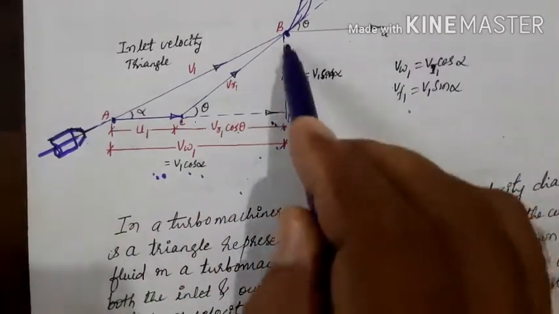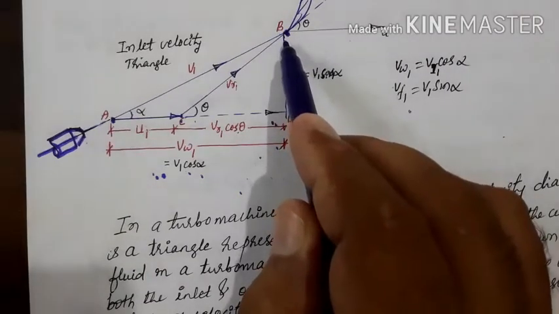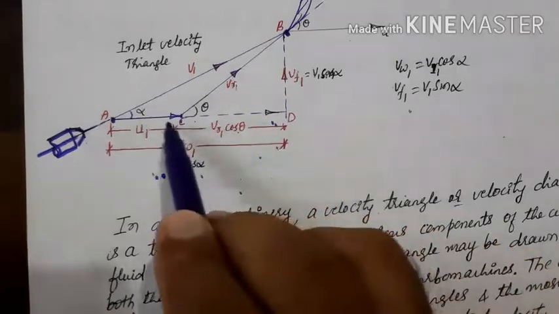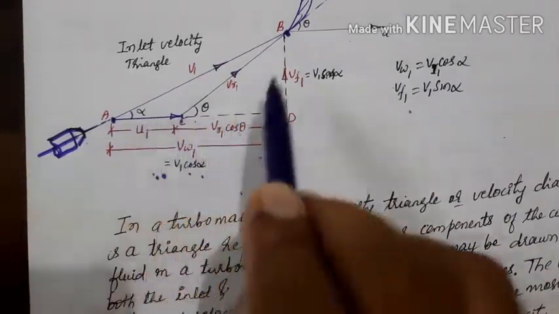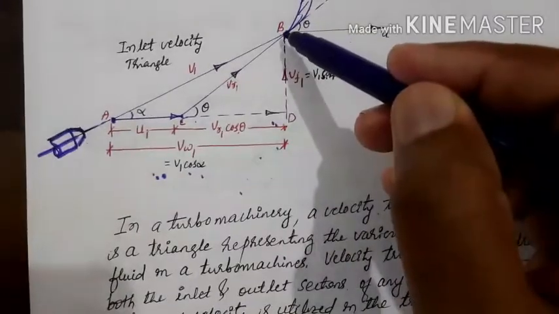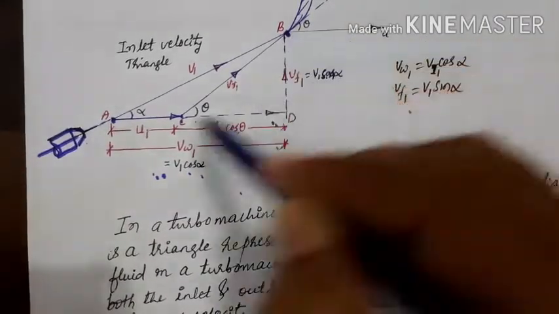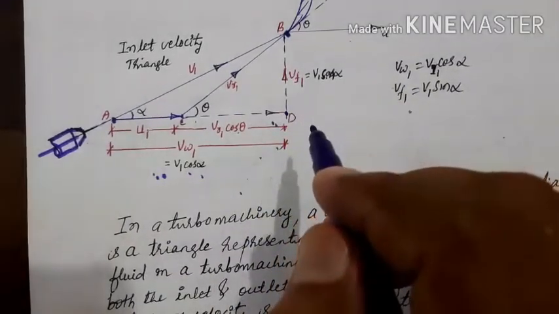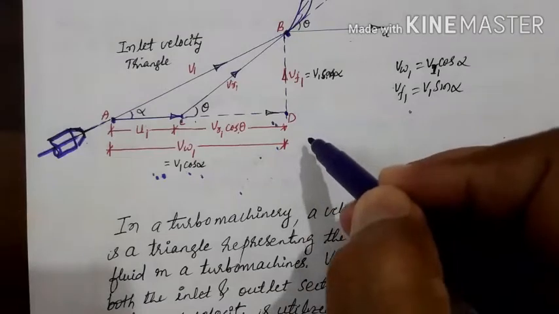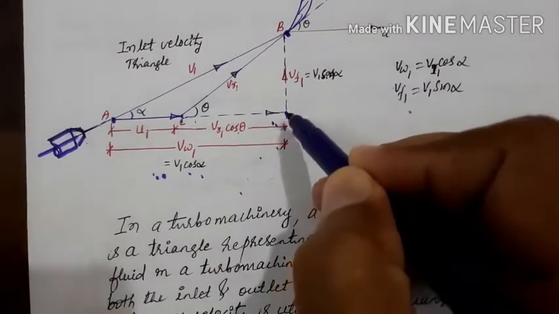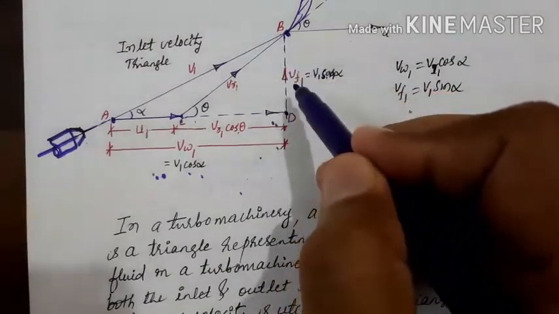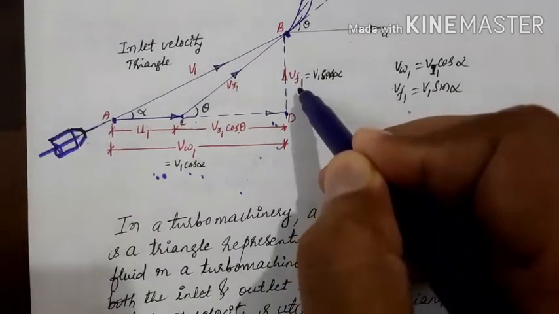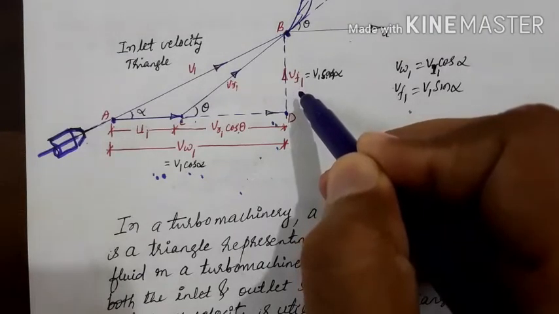Then next, from B, draw a perpendicular BD. From B, draw a perpendicular BD meeting the horizontal line AC. This horizontal line AC, you have to draw a perpendicular line from B, and that line should meet the horizontal line AC, produced at D. Then BD represents the velocity of flow, VF1.